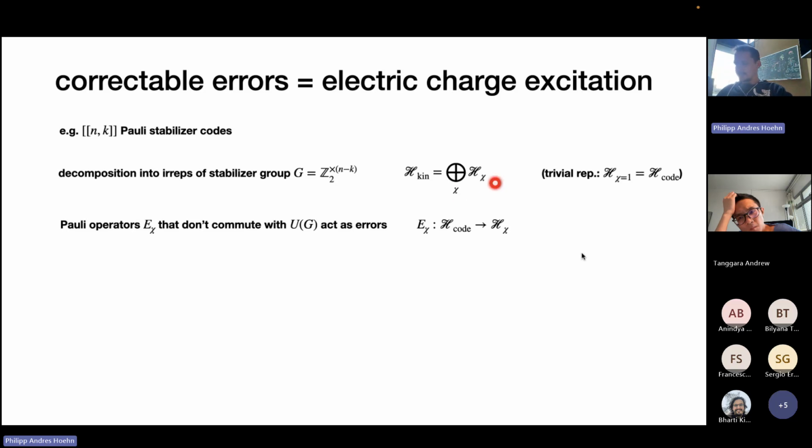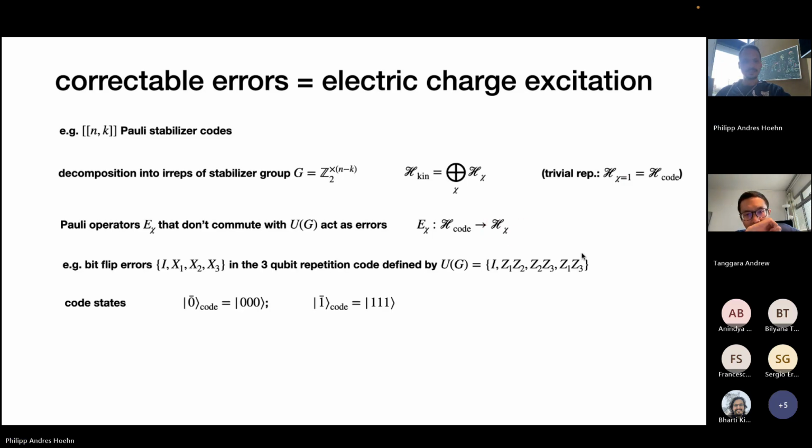We can decompose it into irreps of this stabilizer group. And the trivial irrep is just chi equals 1. So that would correspond to the code space. And then if we look at Pauli operators that don't commute with the stabilizer group, they act as errors that take us to these irreps, the non-trivial ones.